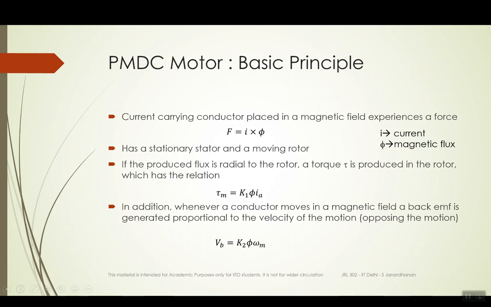The back EMF is proportional to omega m times phi. But in a permanent magnet motor, phi is constant, so it is proportional only to the velocity of motion, which is the only variable present in this case.